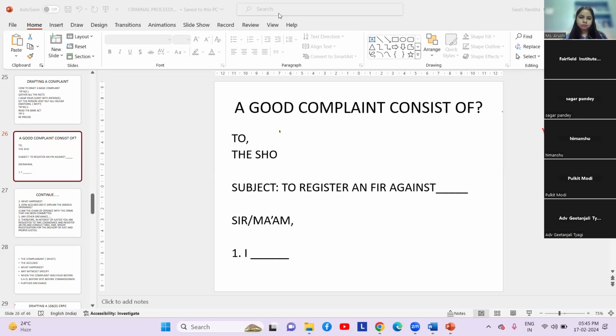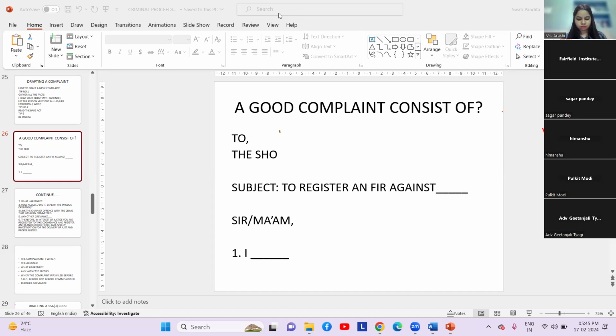So how will you write to the SHO? सबसे पहली कंप्लेंट सबसे पहले SHO को ही जाती है, स्टेशन हाउस ऑफिसर, जो भी आपका थाना बनता होगा उसमें. उसके बाद you will write the subject to register an FIR against. अब now look at this subject against, जिसको भी accused बनाना है, whoever you want to be the accused, you have to write their names specifically, their names, their address, father's name, phone number, everything.